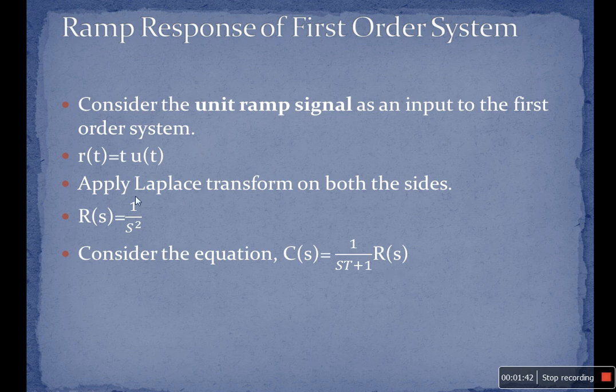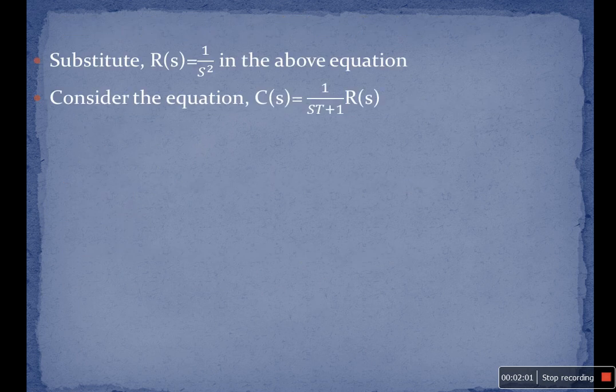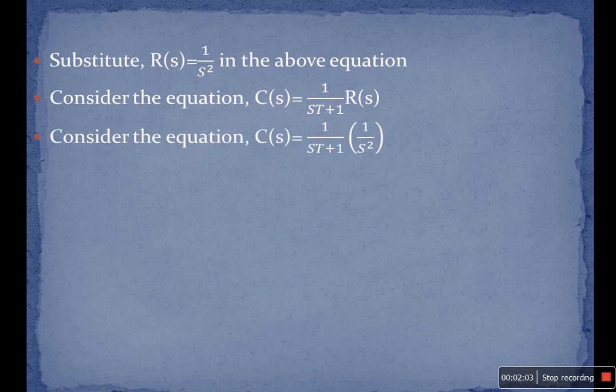So when I substitute R of s as 1 by s square, the equation is C of s equal to 1 by s tau plus 1 into 1 by s square.